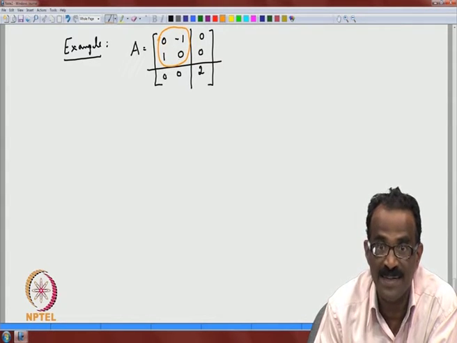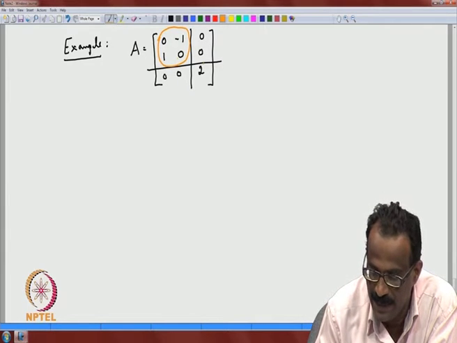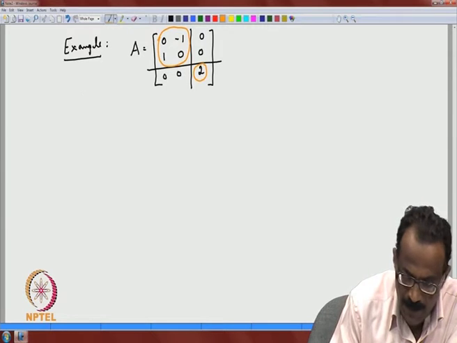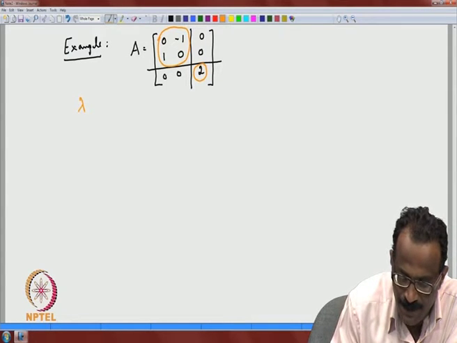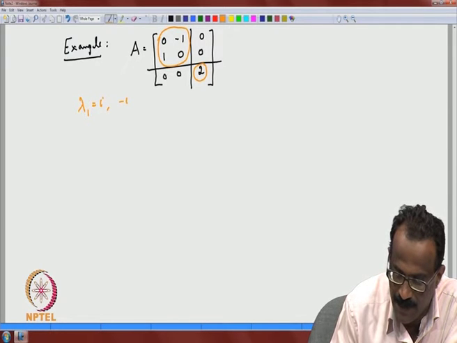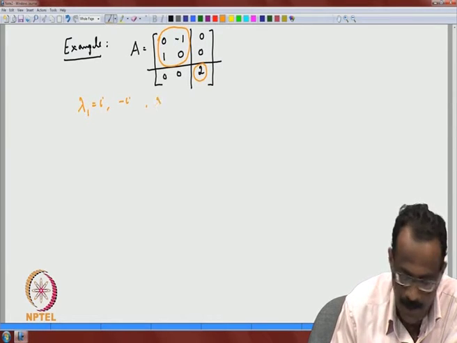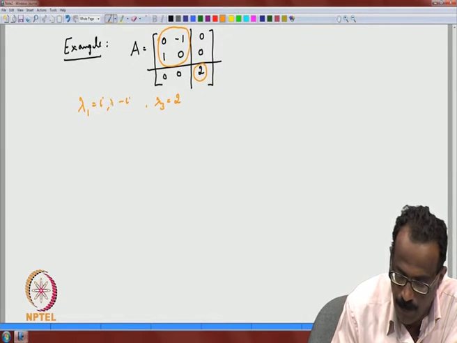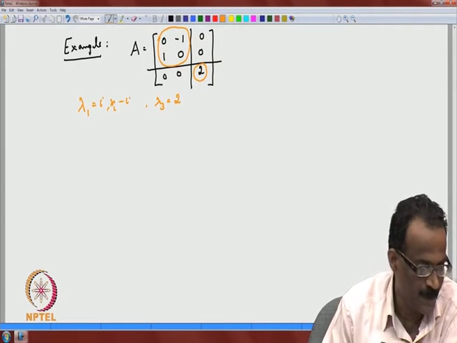So, it is something like a center, and then the x3 component is separate. So, what are your eigenvalues? You have eigenvalue i, of course minus i, and lambda 3 is equal to 2.